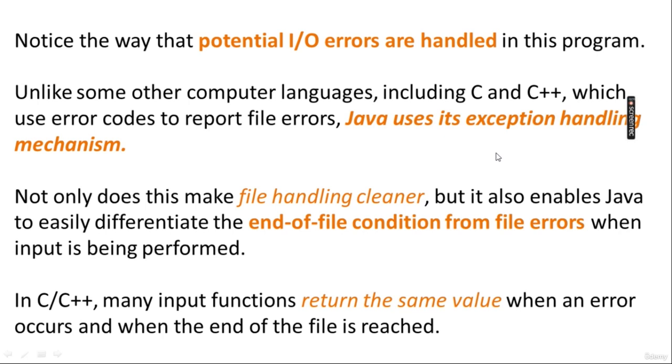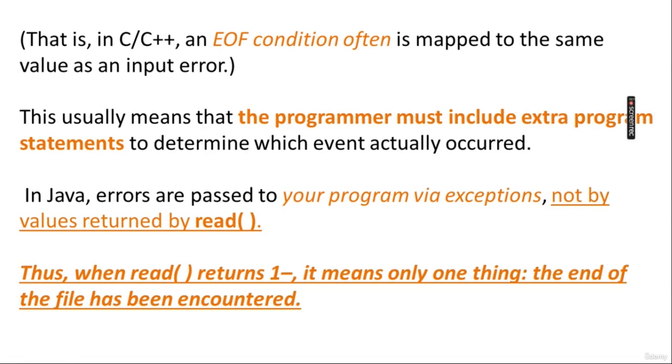This makes file handling cleaner, and it also enables Java to easily differentiate the end of file condition from file errors. In C++, the main input functions return the same value when an error is encountered and when the end of file is reached. But in Java, there is a separate mechanism to find out if the end of file is encountered.